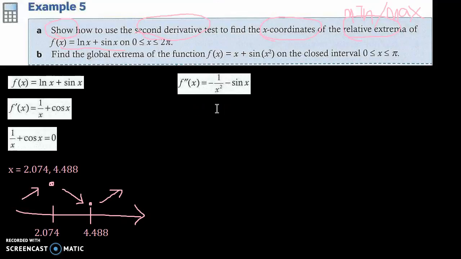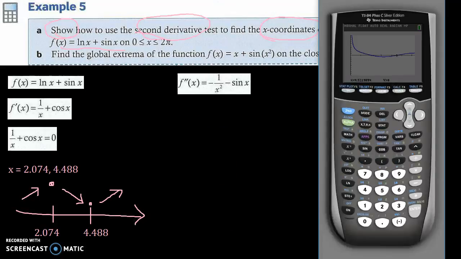We're going to use our calculator for this, so let's bring up our calculator. I'm at the main page, and all we have to do now is substitute the x values in there.